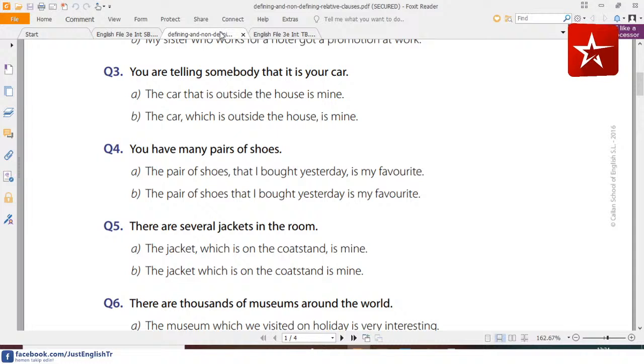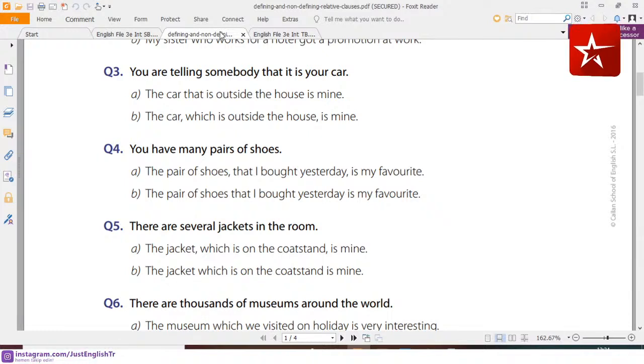So number 4, you have many pairs of shoes. With comma or without comma? Because we have many, we don't know which one we are talking about, and in this case we have to use the defining relative clause. If we are using the defining relative clause, we don't have to use a comma.